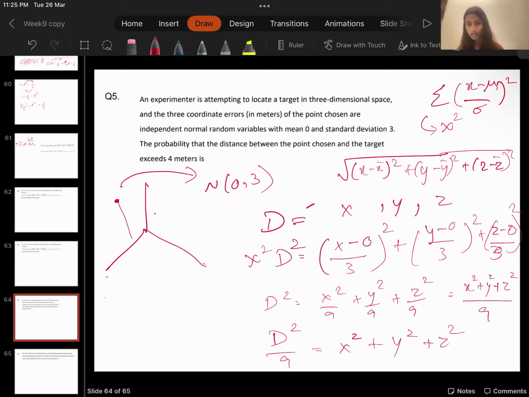Now what do you need to do? What was D in the question? The probability that the distance between the point chosen and the target exceeds 4 meters. So you need to calculate the probability of D exceeding 4 meters, the probability of D greater than 4.